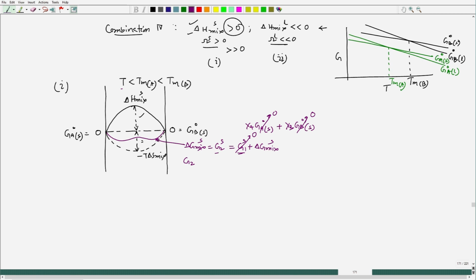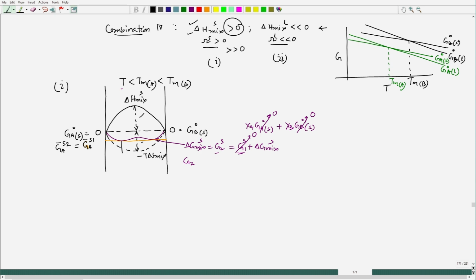So, this becomes G2. Now, I see that I can have a common tangent. You apply that rule. So, I will have a common tangent. Here it becomes G bar A of solid 1 equal to G bar A of solid 2.